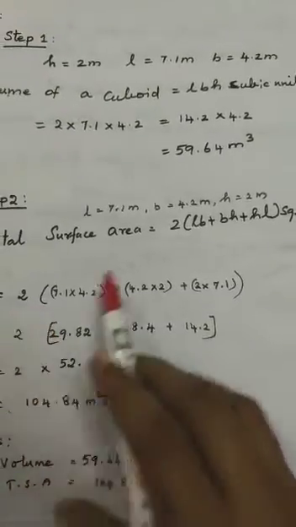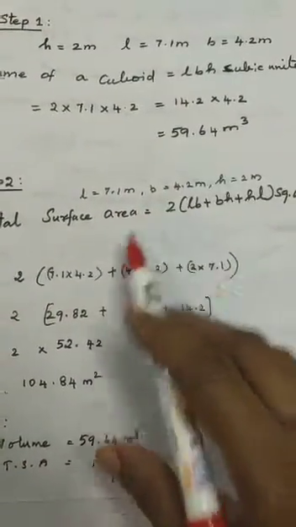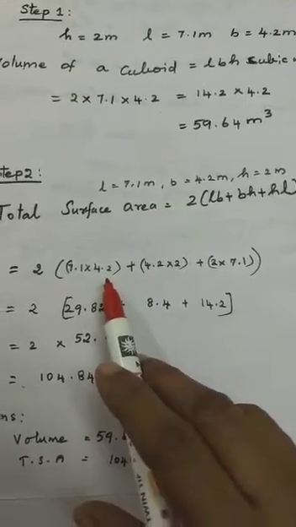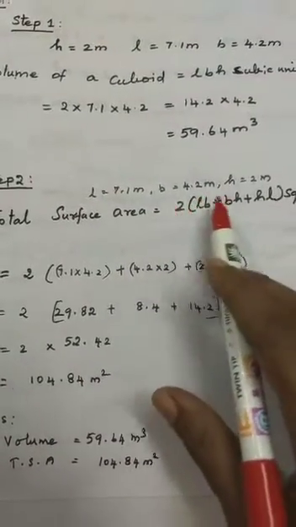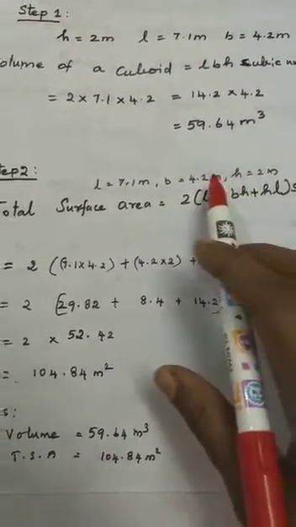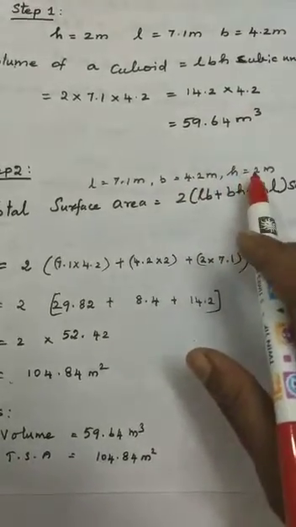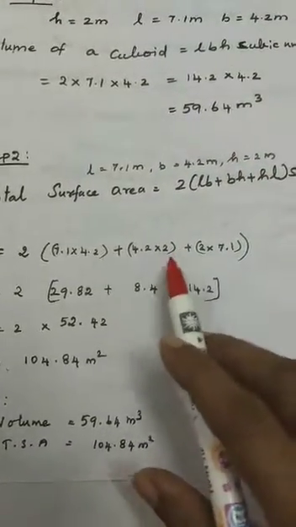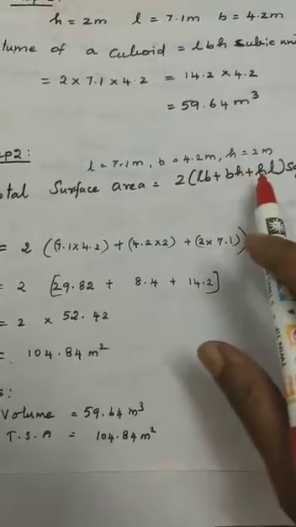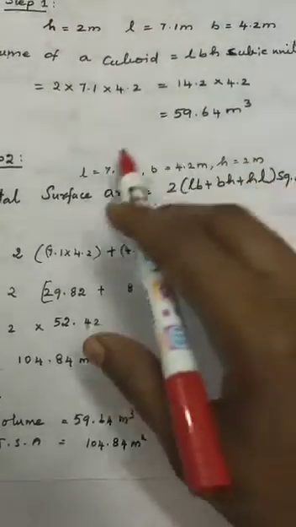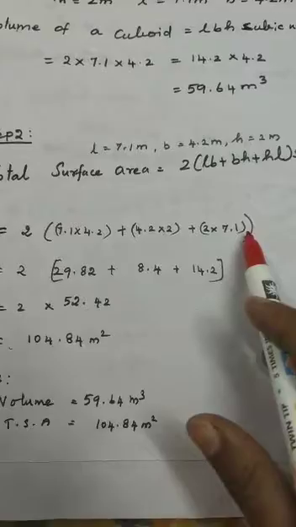So 2 into L into B, 7.1 into 4.2, plus B into H, 4.2 into 2, next H into L, 2 meter into 7.1.